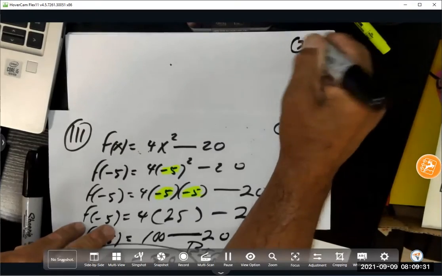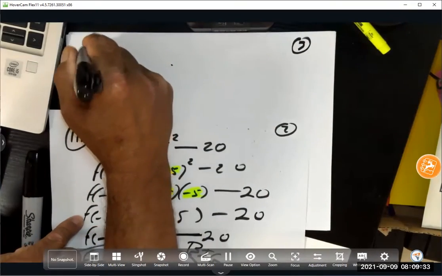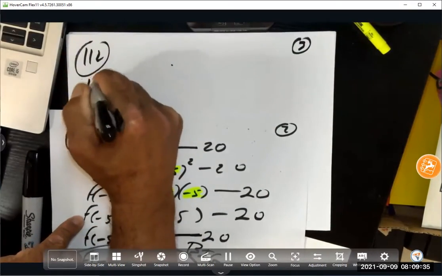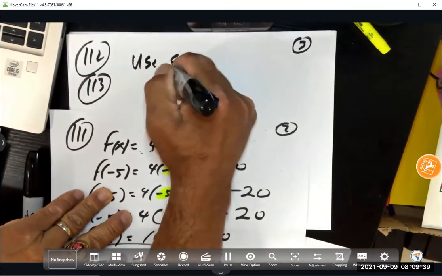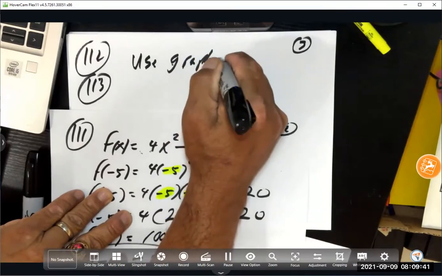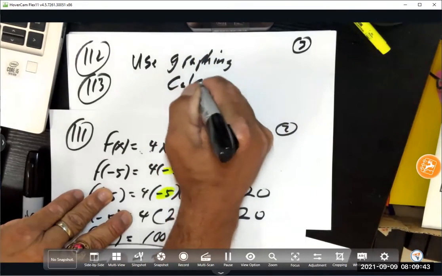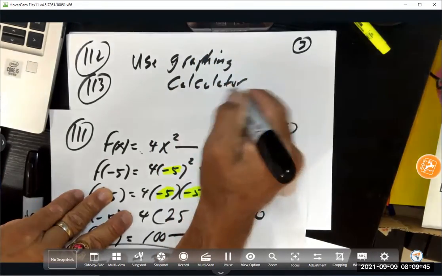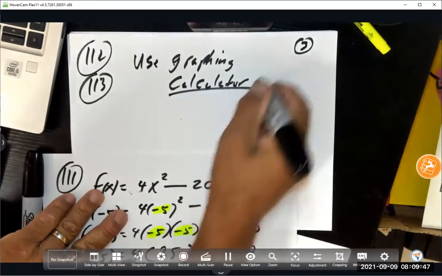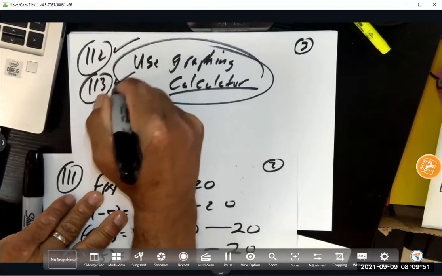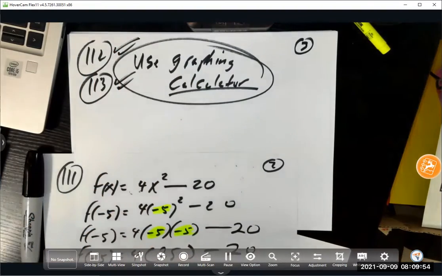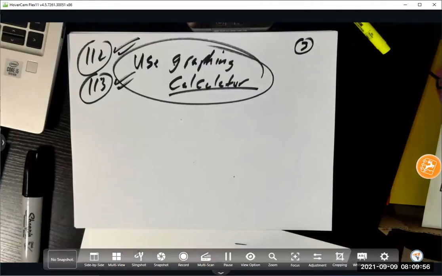The next one, oh man. 112 and 113 say use a graphing calculator to set up this graph and this graph. Since we don't know how to use graphing stuff yet, I'm not going to do that right now.